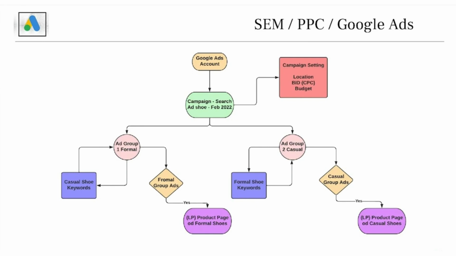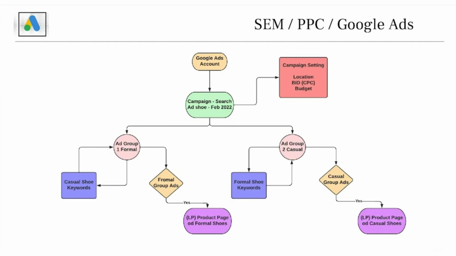The moment any of these six keywords is typed or searched on Google, this ad group would have got triggered, and then again randomly it would have shown the ad of formal or the ad of casual, because both of the ads would have been under this. Okay, but after doing this bifurcation, or this segmentation, what would happen?